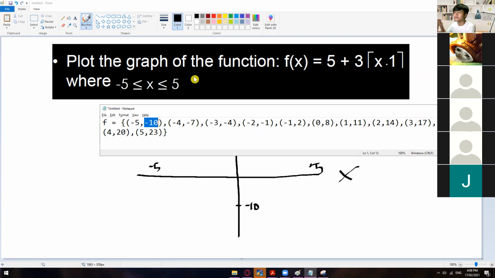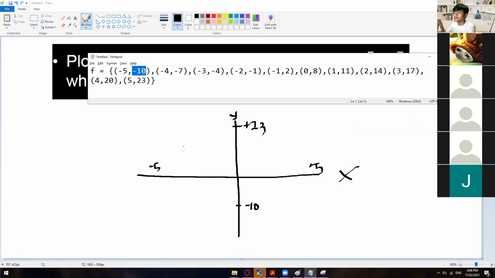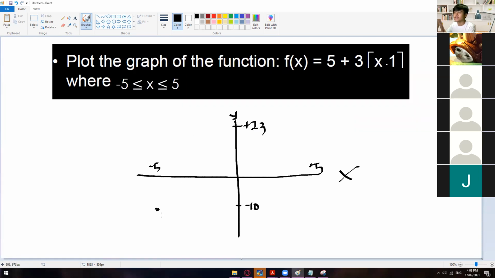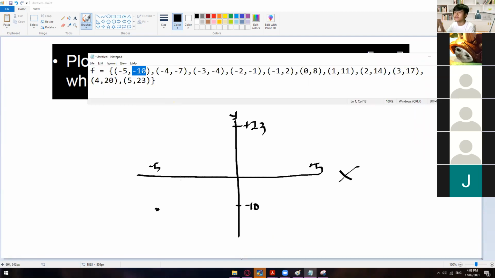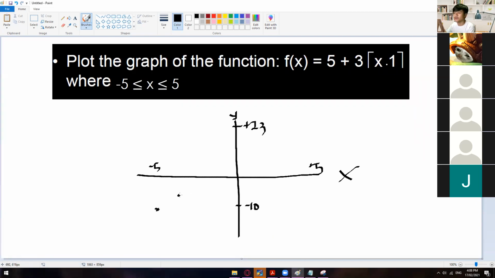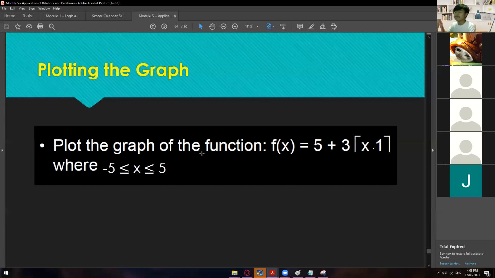Negative 5 and negative 10 is right here, and negative 4 and negative 7 is right here. Let's just assume that it's diagonal like this until you reach positive 5, 23. That's how we plot this function, f of x is equal to 5 plus 3x, if we have this range of numbers.